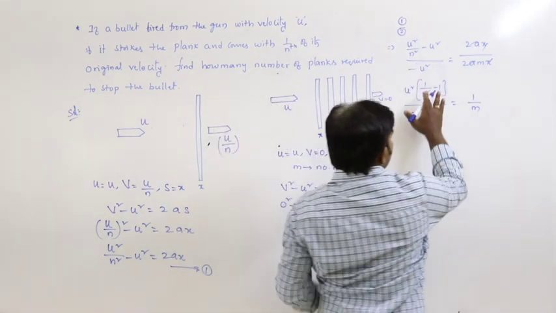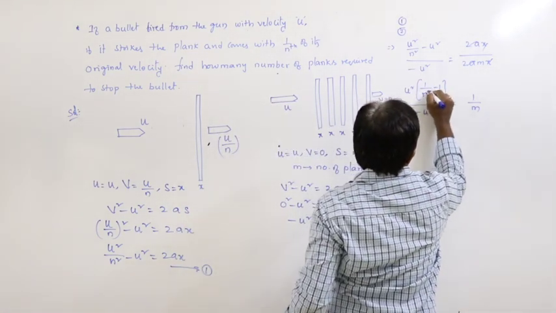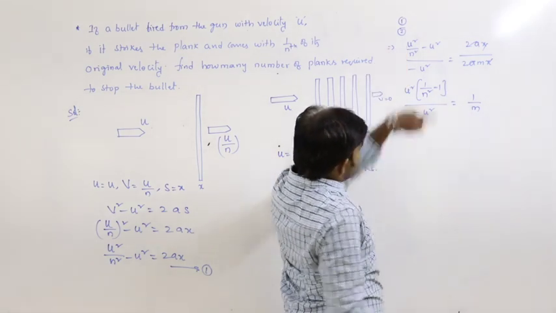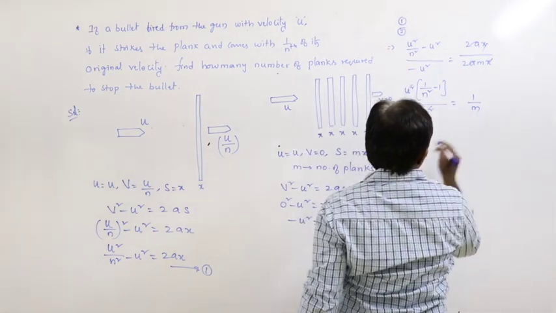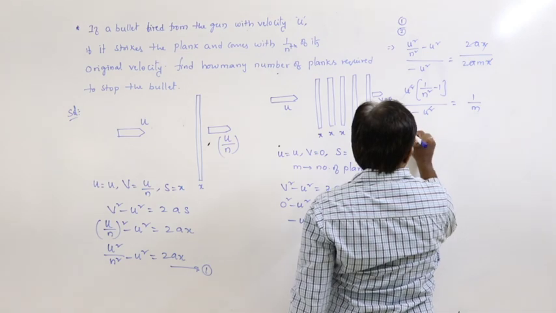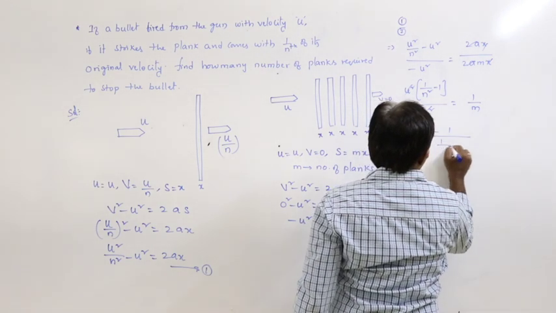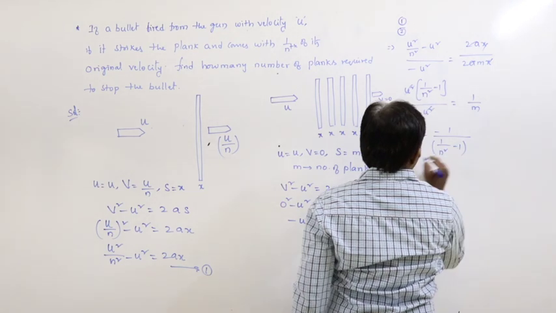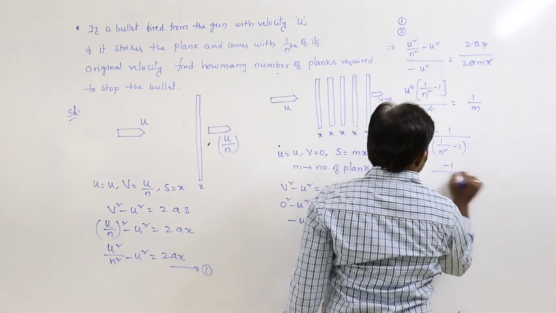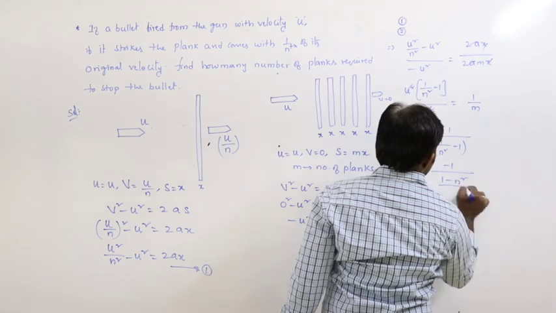The u square gets cancelled. So m equals minus 1 by (1 by n square minus 1), so m equals minus 1 by (1 minus n square) by n square.